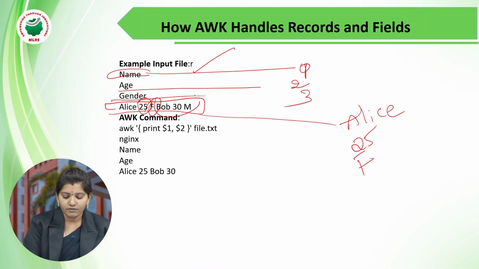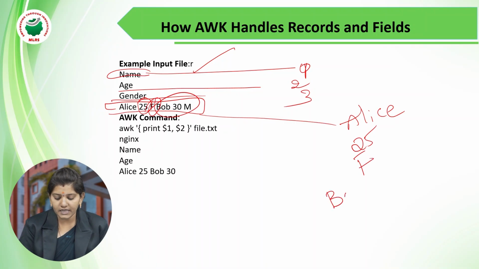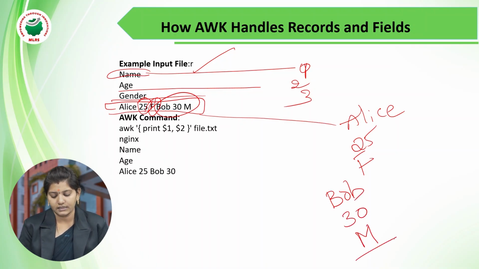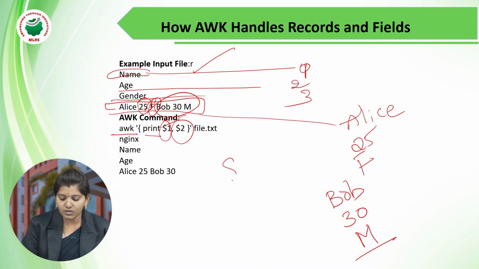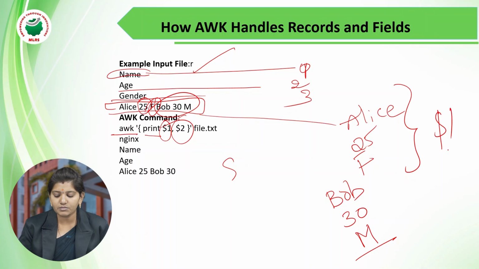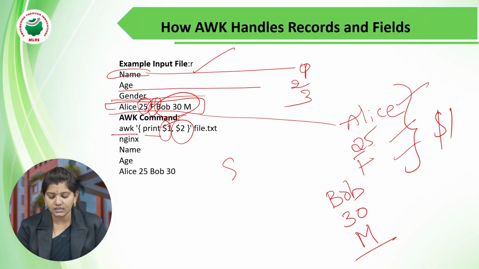In the second one we have Bob as the name, 30 as the age and M as the gender. So how can we print this? By using the AWK command, awk print, with $1 and $2. Here $1 belongs to name, age and gender of the first record, and $2 belongs to the second.